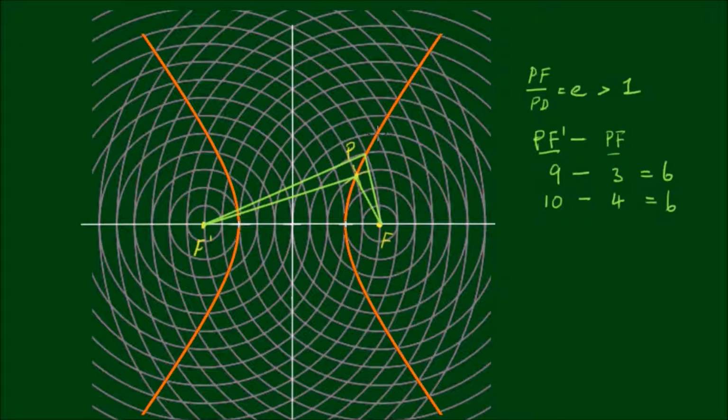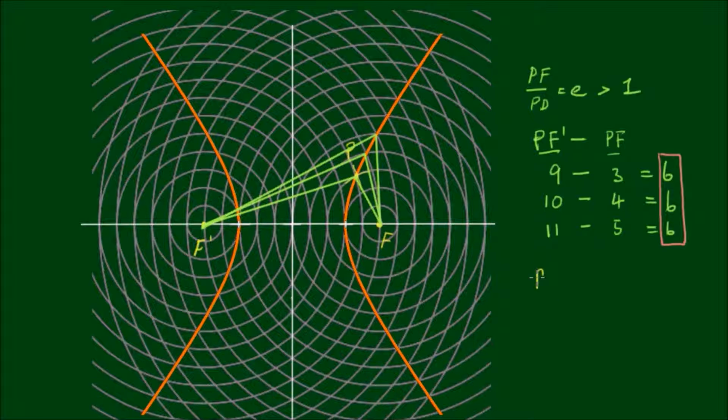Moving the P along the curve again to the next intersection of two circles. So the distance PF is 5 units. The distance PF prime is 11 units, so the difference between these two is also 6 units. So can you see the pattern here is that the difference from one focus to a point on the hyperbola to the distance from the other focus to the same point on the hyperbola is a constant.